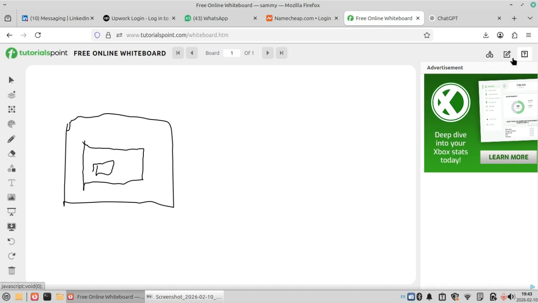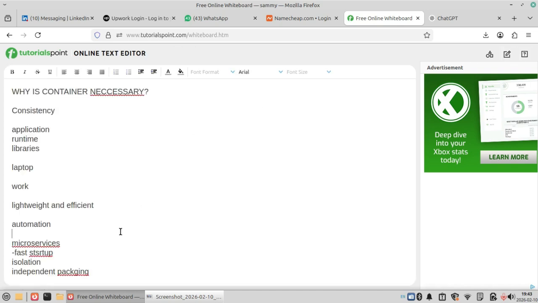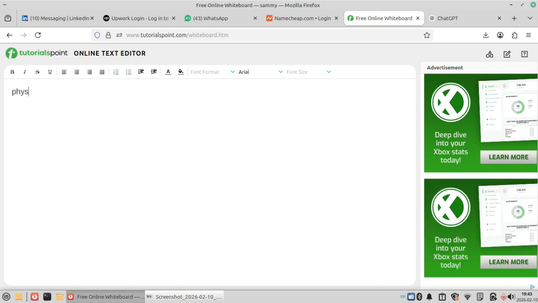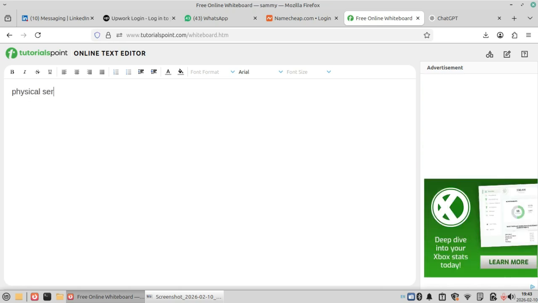So let us look at a very brief summary. So in physical servers, what do we have? We have one operating system per machine. We also saw that it is very slow to provision and has low resource efficiency.